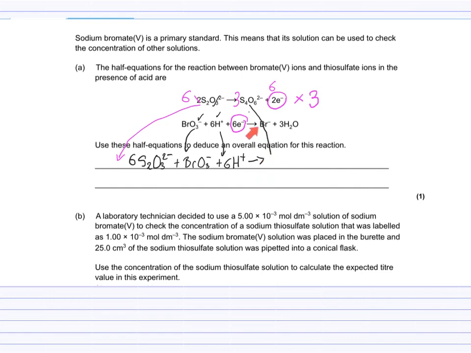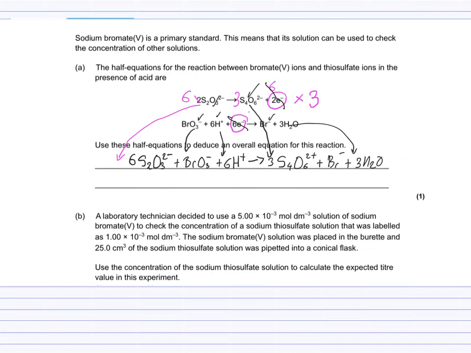But over this side we've got 3 moles of S4O6 2-, bring that down, add 1 mole of bromide ions, and also 3 moles of H2O. We can cancel the electrons out because there are 6 electrons on both sides, so in your overall redox equation you never have any electrons. Make sure your electrons have disappeared.